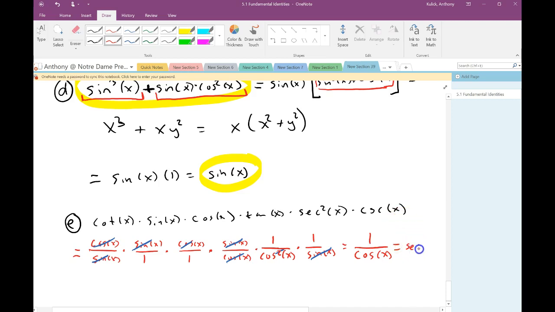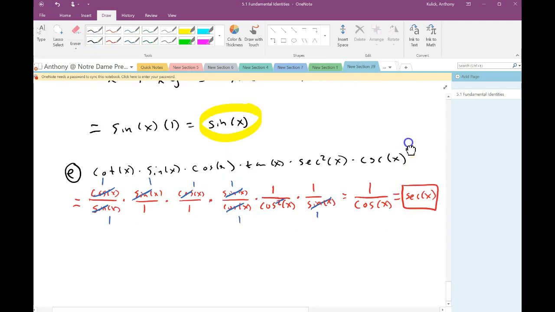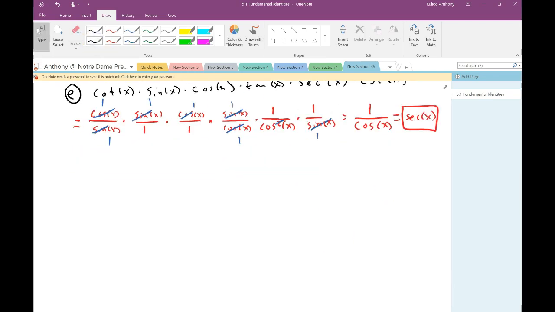And 1 over cosine x is just secant x. Everybody okay with that? So the multiplication only ones are usually the easier ones. Well, when you cross something off, it becomes 1. Wasn't the smartest question you've ever asked, but that's okay. Keep asking them.